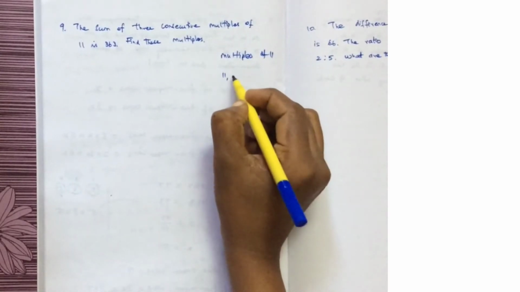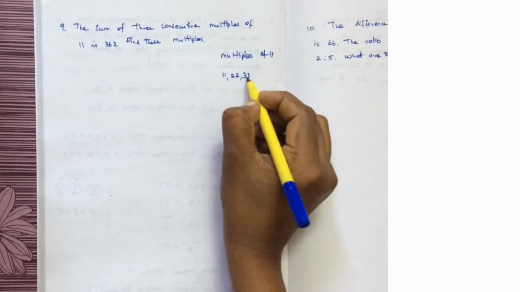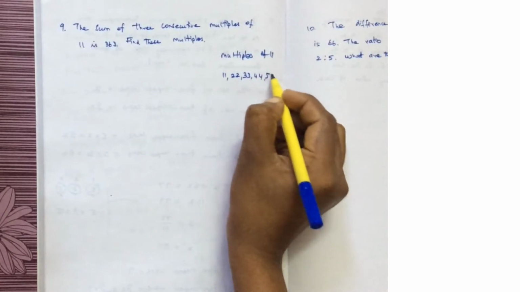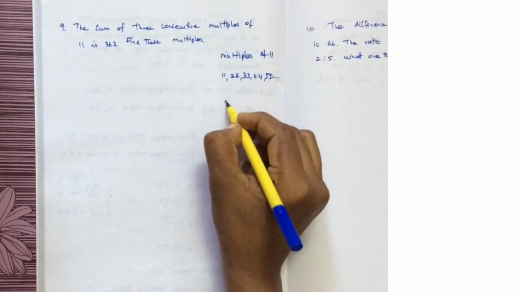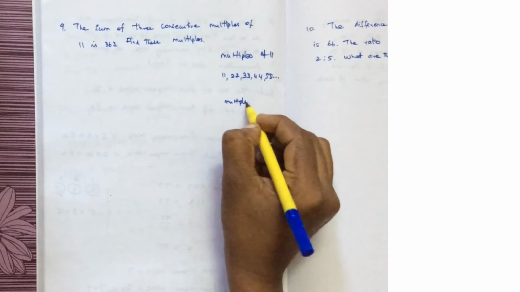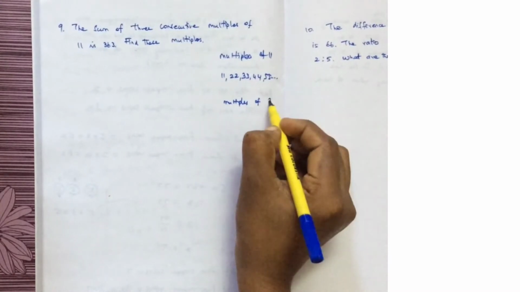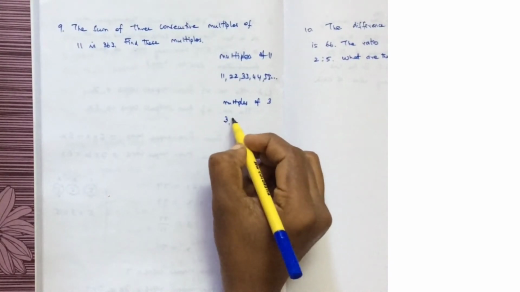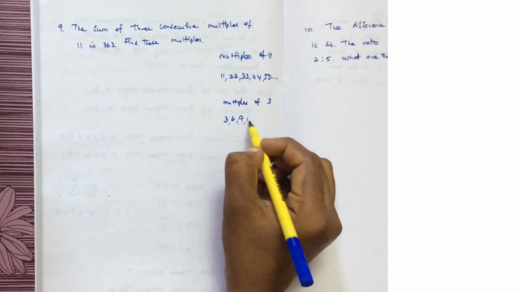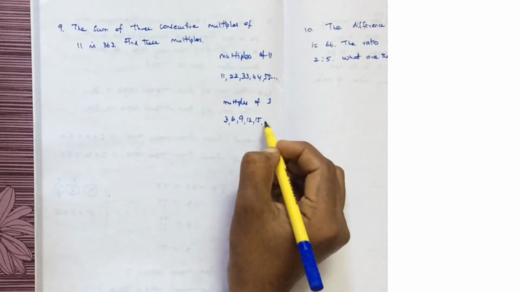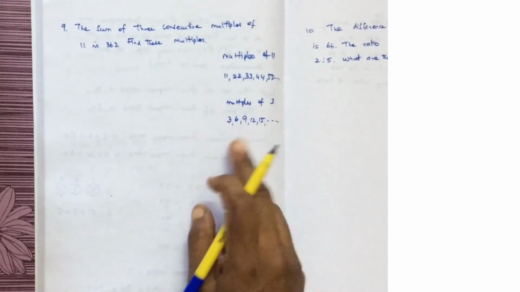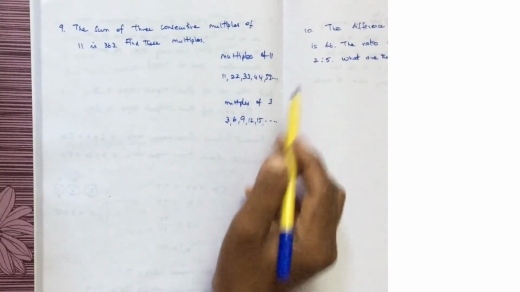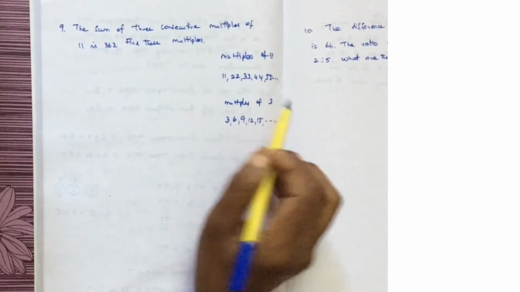It is 11, 22, 33, 44 and 55, and it will go on. Then multiples of 3 are 3, 6, 9, 12, 15, and it will go on. I just gave some examples like this.